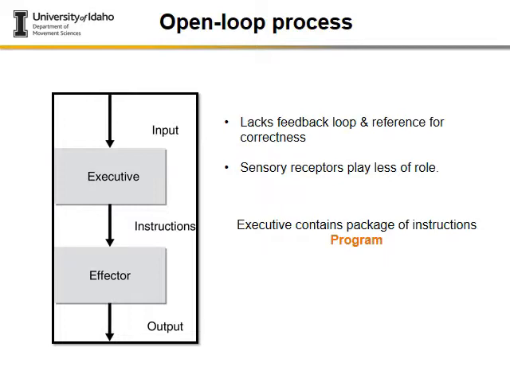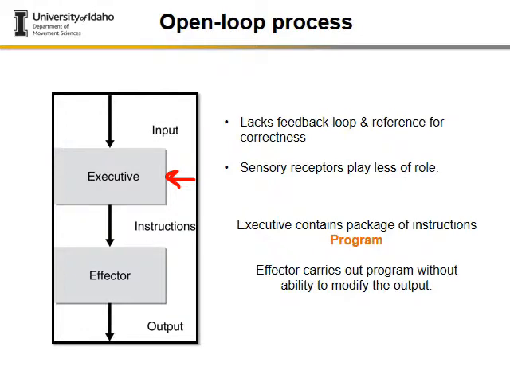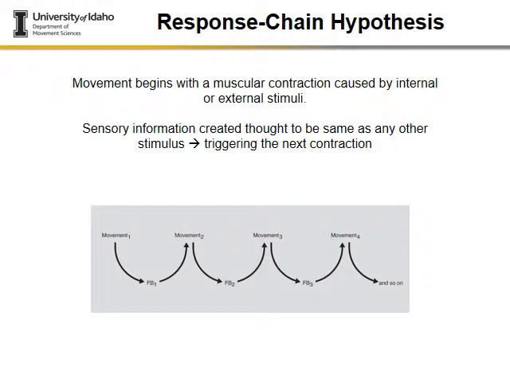In order for this to happen, the theory is that within your executive level there are packages of instructions that are created and stored that assist us in developing this program of motion. The effector then carries out these programs without any ability to modify the output. So there's no feedback coming in and no reflexive work coming back in to modify that program.